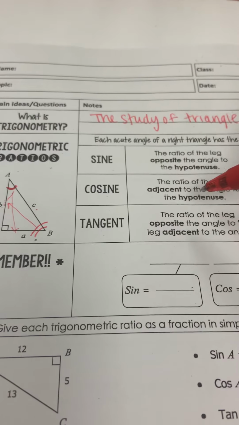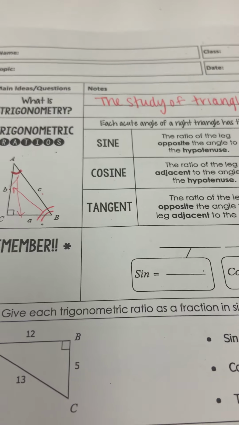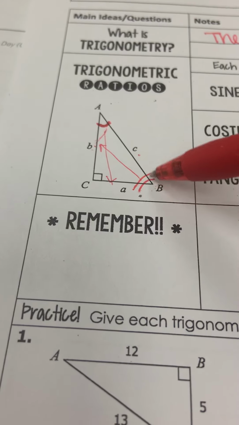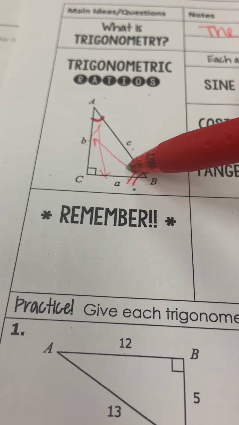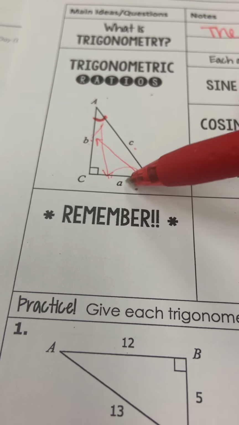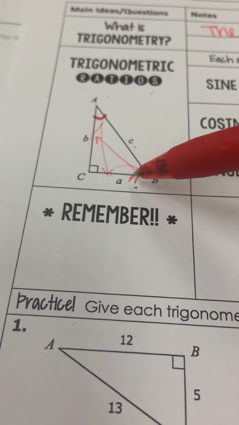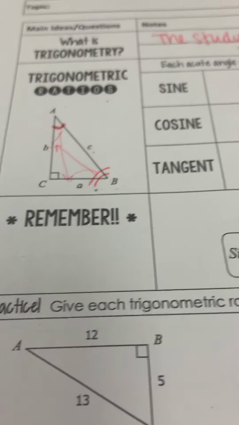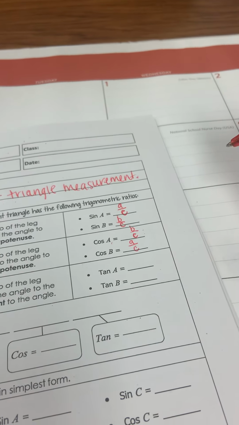Then you divide that by the hypotenuse, which is still c. To find the cosine of angle B, we go to our double marker B. The side that is adjacent, or next to, big B angle is a. So you take a and divide that by the hypotenuse, which is still c.